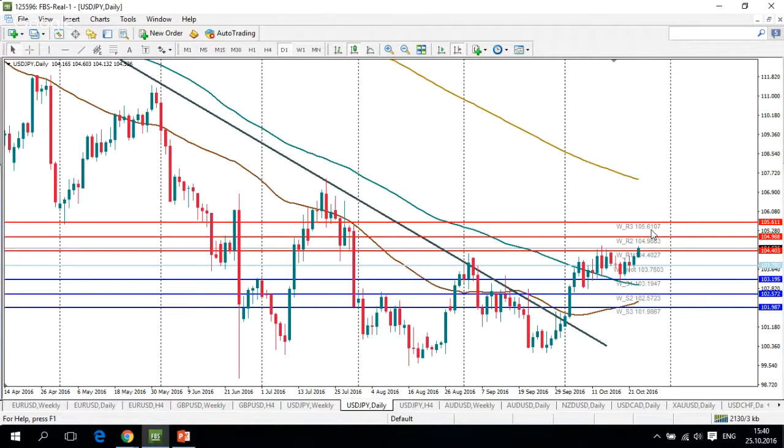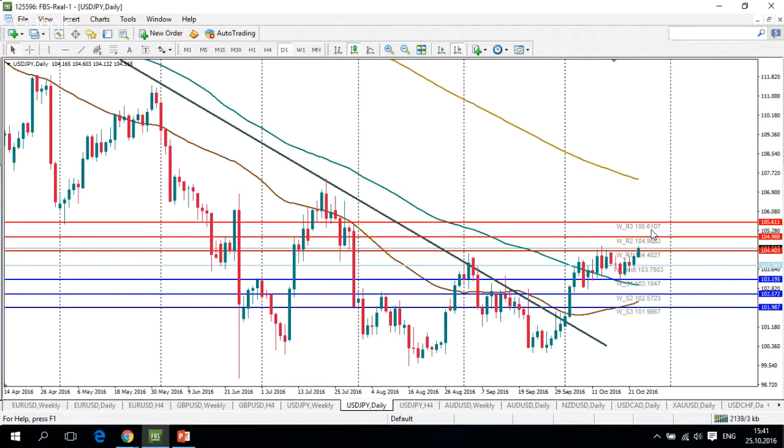So we can see that the pair currently has drivers from the US. It is strengthening as the US dollar is strengthening, as the expectation that the Federal Reserve will raise interest rates in December increases. But the pair doesn't get any help from the Japanese side of things. We don't expect the Bank of Japan to ease policy in November.